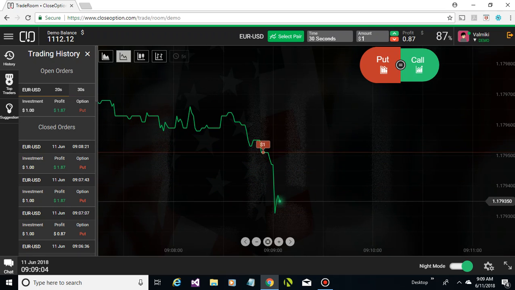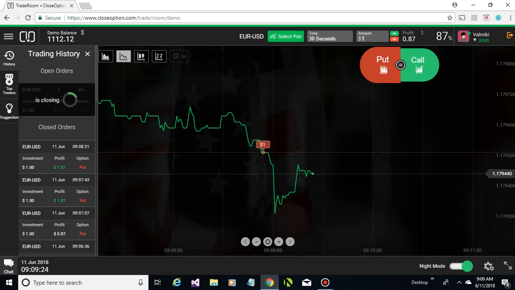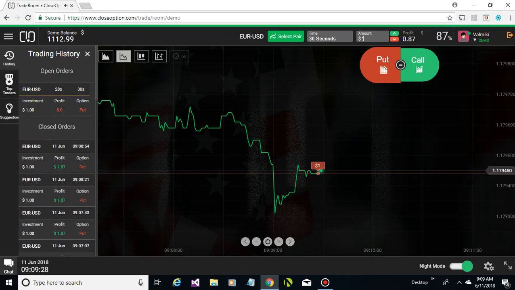Okay, this is a big down spike right there. Like we're going to be closing up on another gain. Yeah, it's far from the execution price on the downside. So let's go ahead and place our next put.